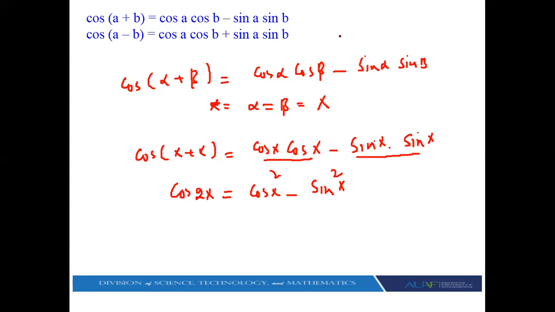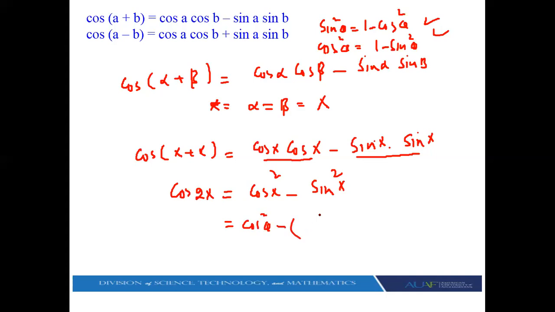And we also know from the first formula that sine square theta is equal to 1 minus cosine square theta, or cosine square theta is equal to 1 minus sine square theta. You can use both. For example, if we first use it for sine square, we have cosine square theta minus, and for sine square we use 1 minus cosine square theta.